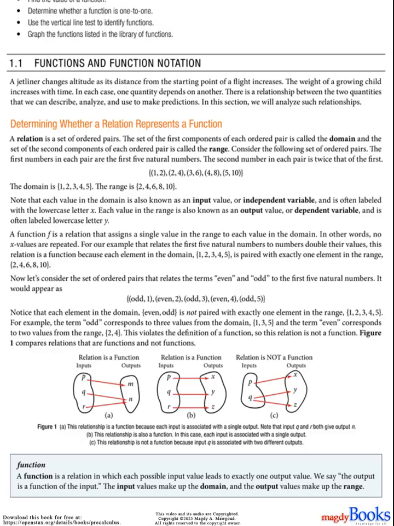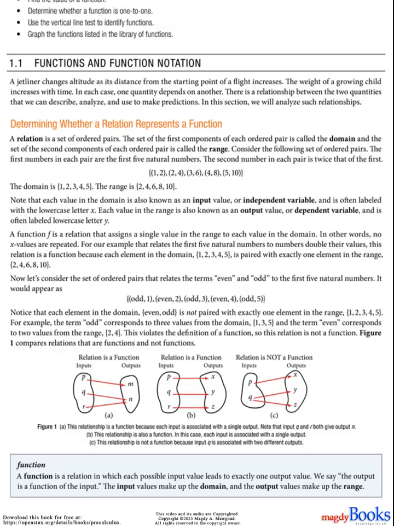1.1.1. Determining whether a relation represents a function. A relation is a set of ordered pairs. The set of the first components of each ordered pair is called the domain, and the set of the second components of each ordered pair is called the range. Consider the following set of ordered pairs. The first numbers in each pair are the first 5 natural numbers.